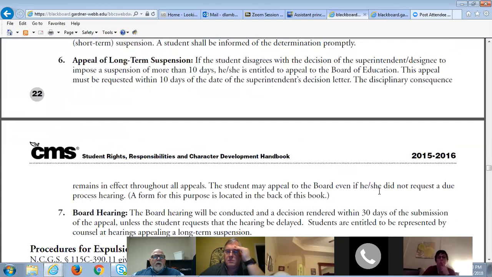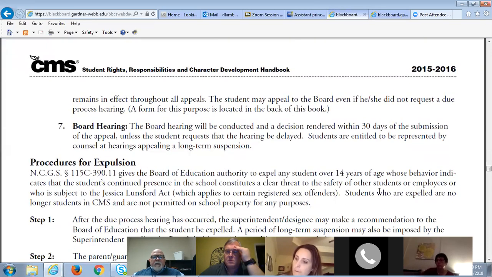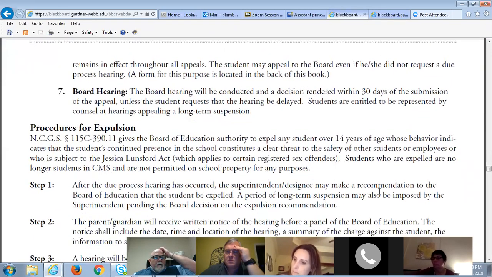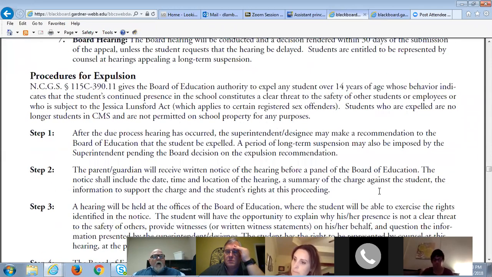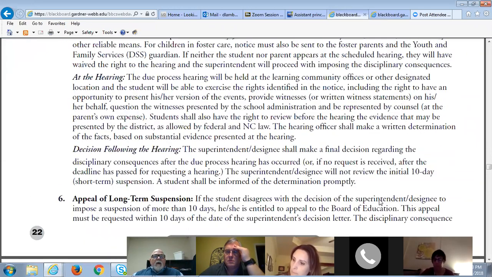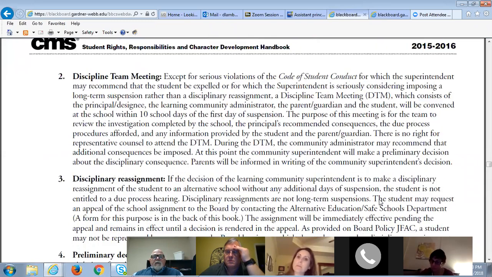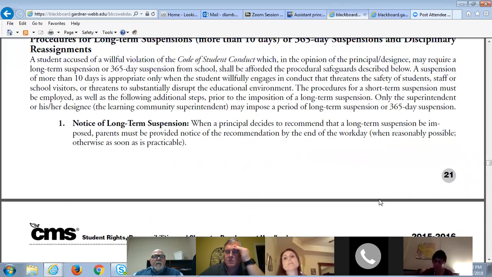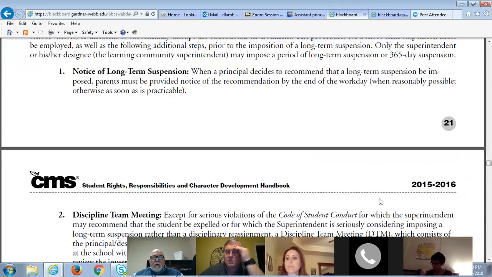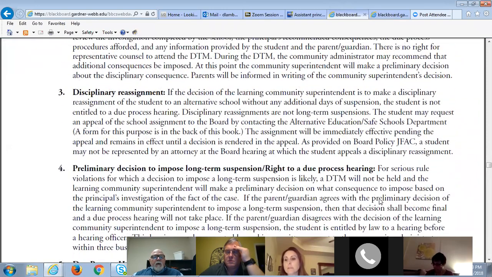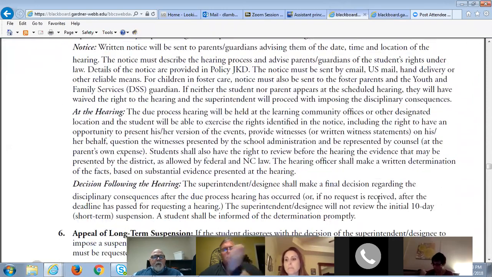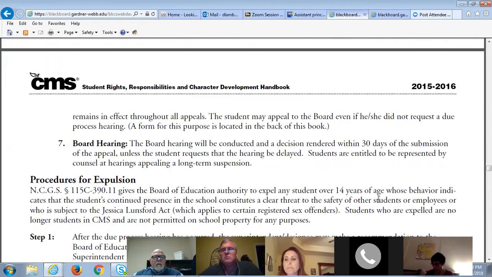And then there's an appeal process that goes to the deputy superintendent or the superintendent, and then they appeal that, they get a board hearing. And so all these procedures are in the back of your rights and responsibilities or code of conduct, which is included in your rights and responsibilities handbook. This is a whole other set of due process that you've got to learn.